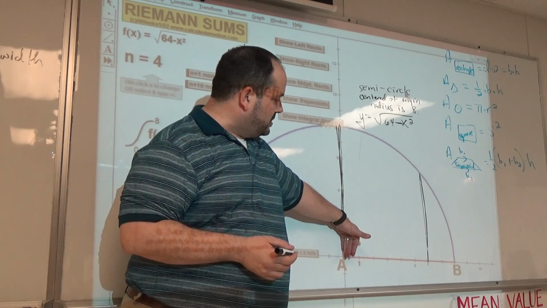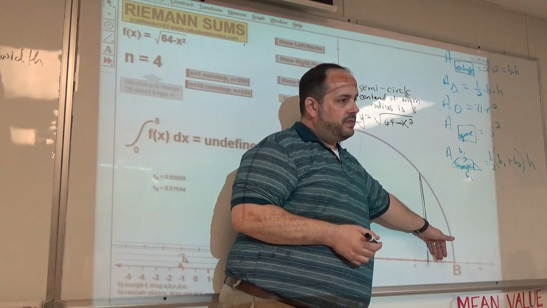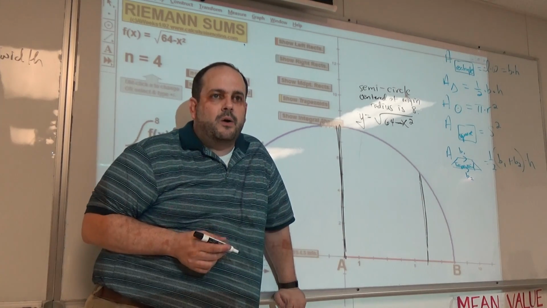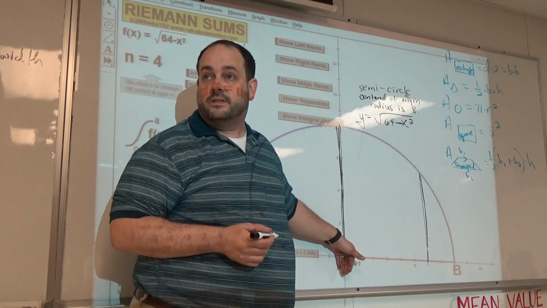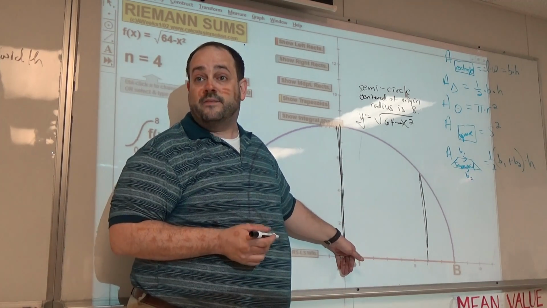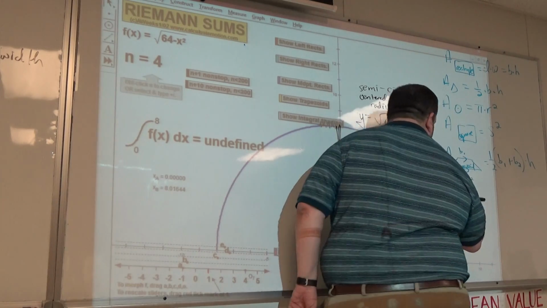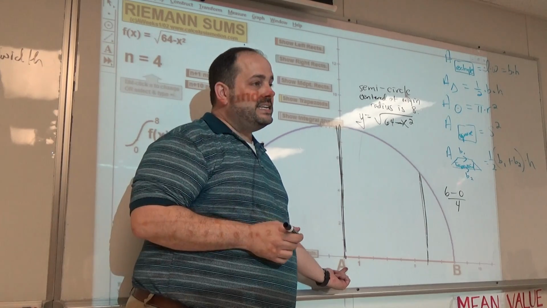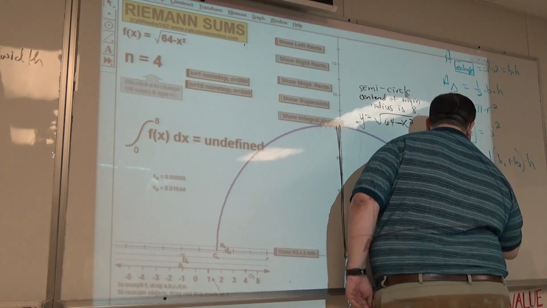I'm going from 0 to 6, that's 6 spaces. They're going to be 1.5. I bet what you did is you said 6 minus 0 divided by 4. Right, 6 is the total length. I need to get there using 4 rectangles of equal width, so this is 1.5.